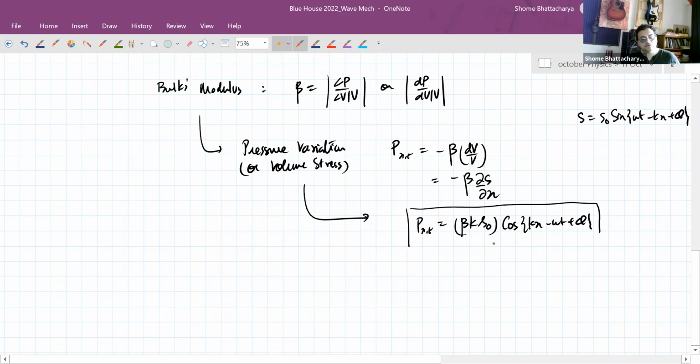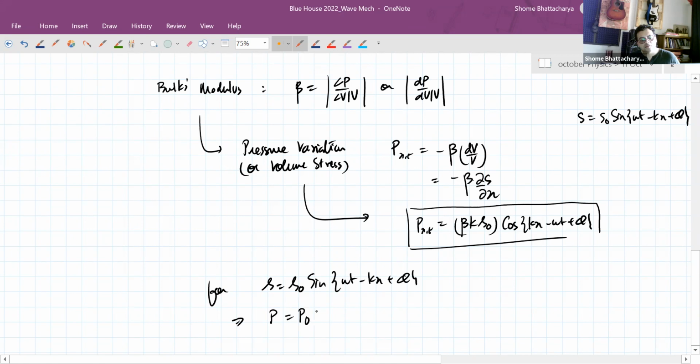You can see that for a displacement wave, for the longitudinal displacement being given by this kind of equation, the corresponding volume stress or pressure can be represented by this kind of equation, with a pi by 2 phase difference. So this becomes what we call the pressure wave.